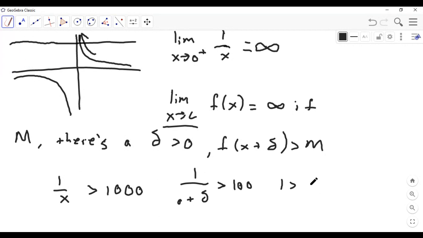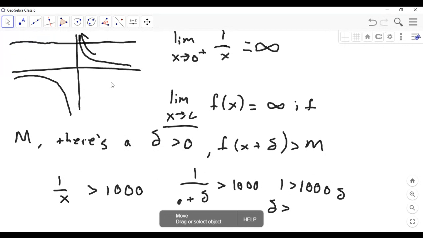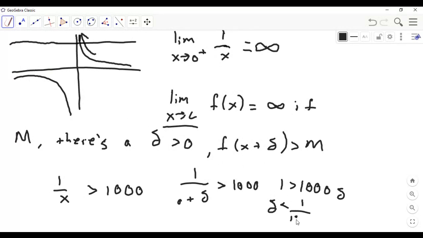So 1 is bigger than 1,000 times delta, which means that our delta would have to be smaller than, just by dividing both sides by 1,000, 1 over 1,000.